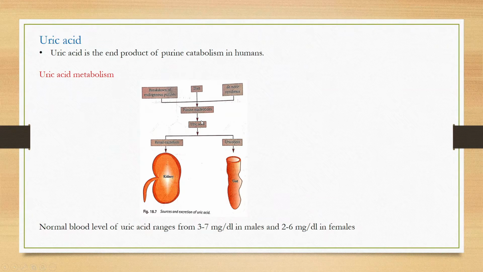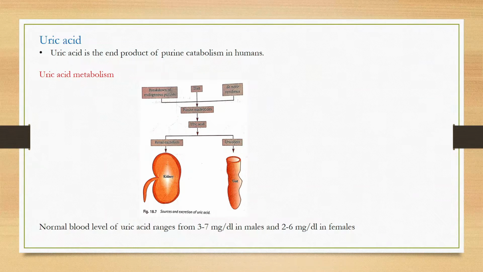Dietary sources contribute about 300 milligram and daily synthesis about 400 milligram. The total body pool of urate in men is 1200 milligram, and in women approximately 600 milligram.